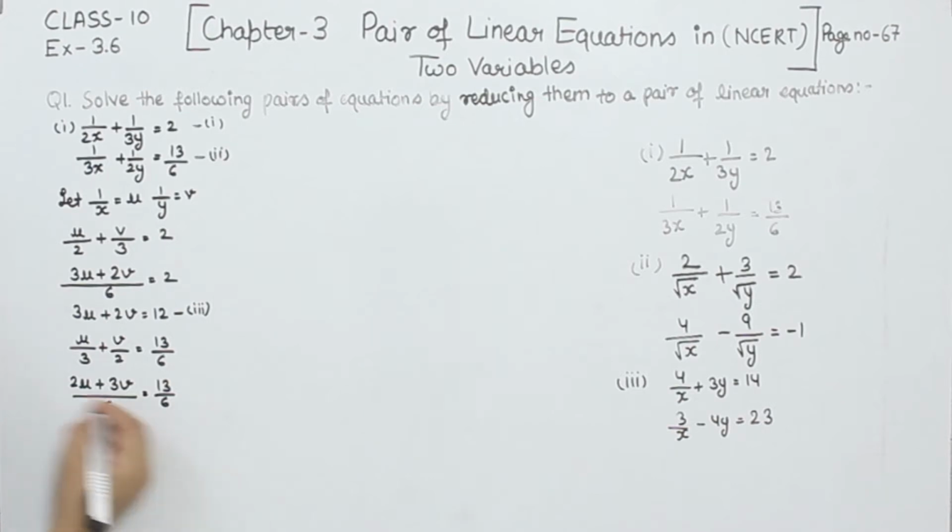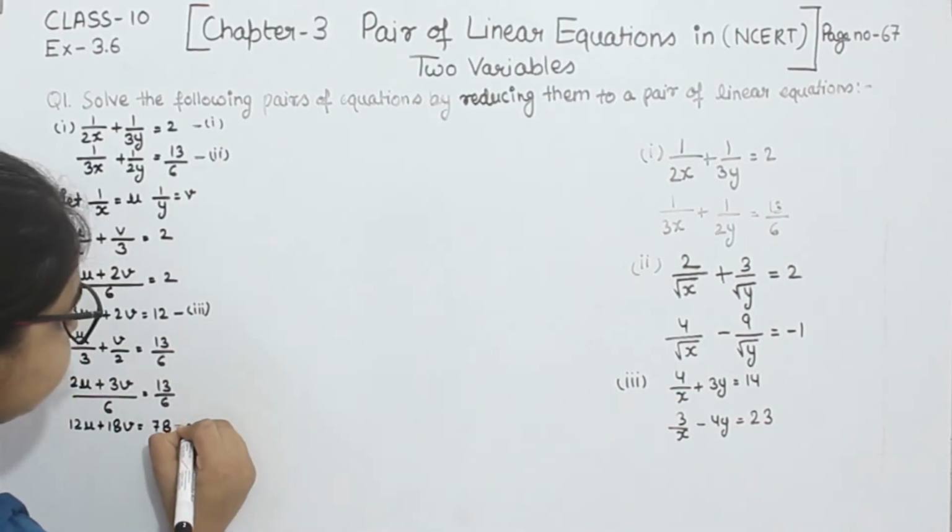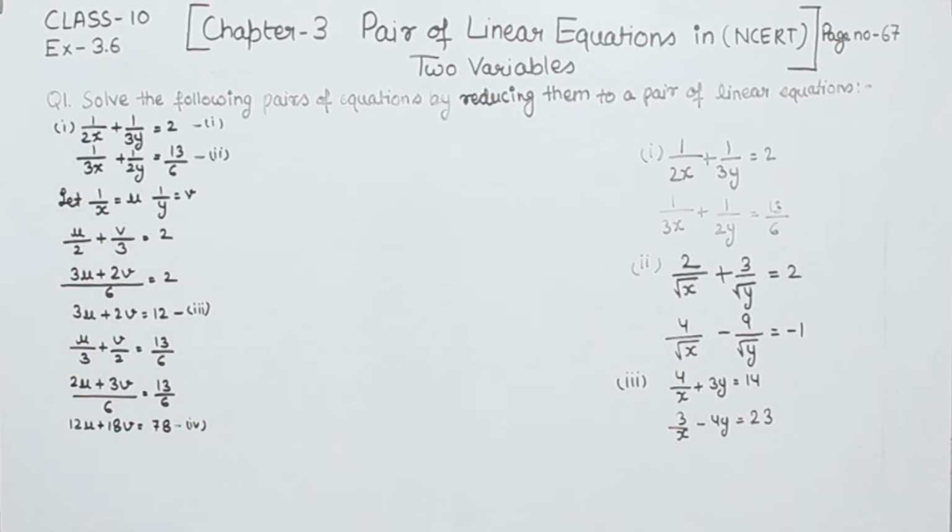So cross multiply: 6 times 2 is 12, 12u plus 6 times 3 is 18v, and here we are having 13 multiplied by 6, equal to 6 times 3 is 18, carry 1, 6 times 1 is 6 and 1 is 7. This one we are having is 78 here. Now this one is equation number 4. This is equation number 3, this is equation number 4.